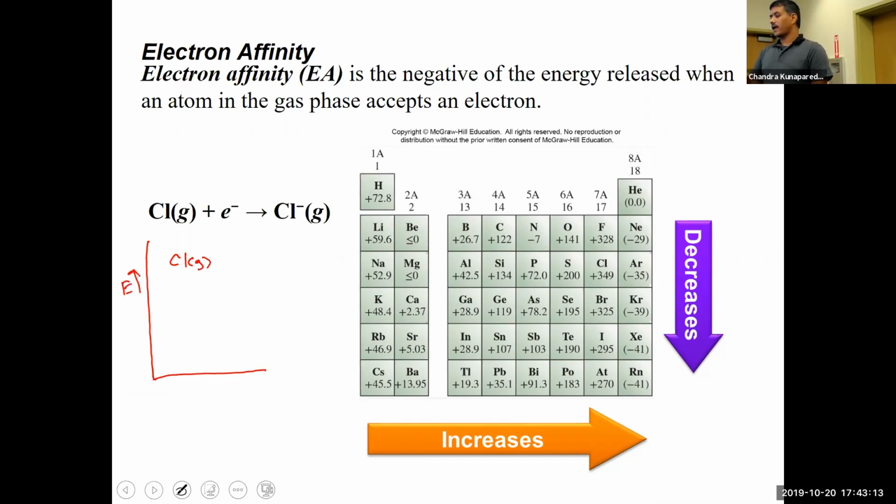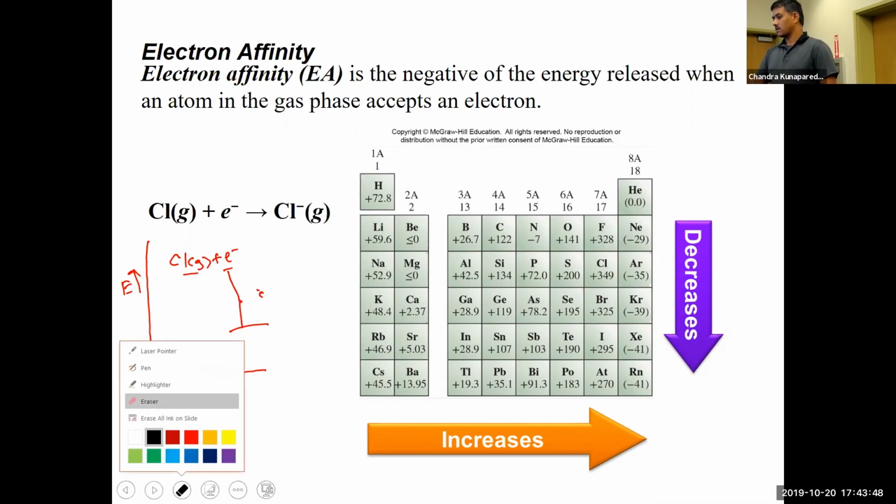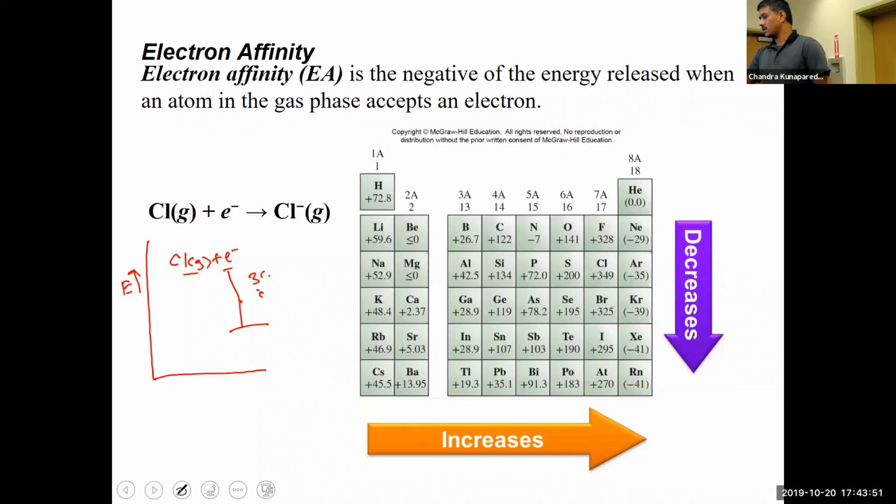And if we force that chlorine to react with an electron, it will accept it, but then it loses about 349 kilojoules per mole by forming chlorine anion.